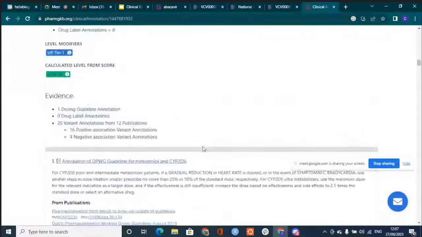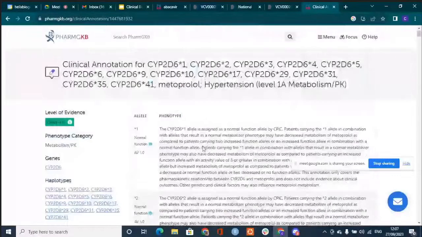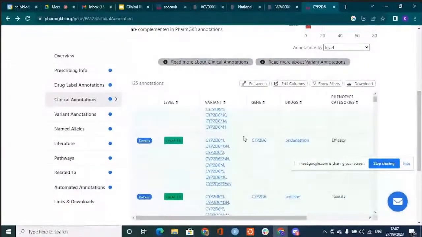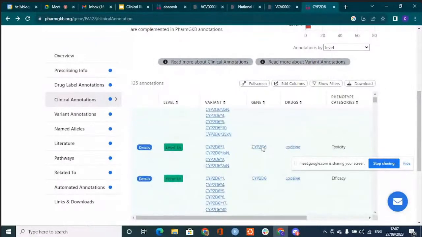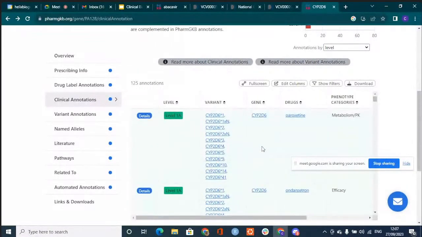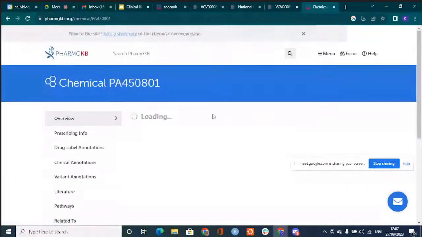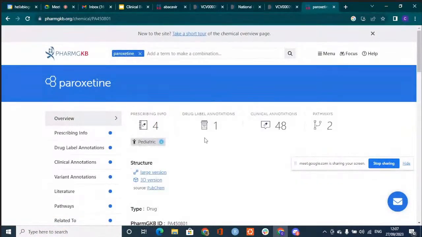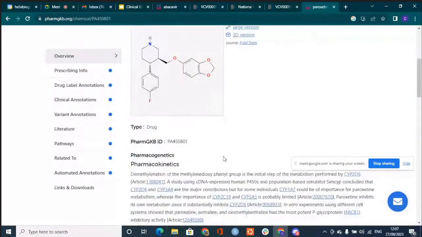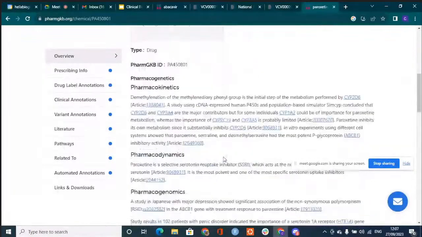Another thing we can do is go back. So we can see CYP2 disease. We can check the drug. How is the drug associated with this? This is a drug that has been associated with maybe a variant in CYP2 disease.